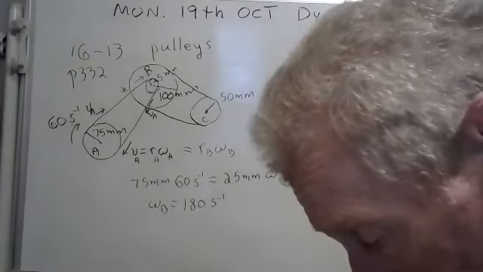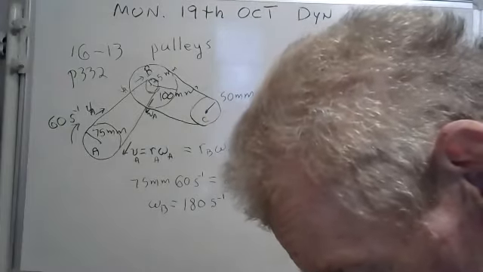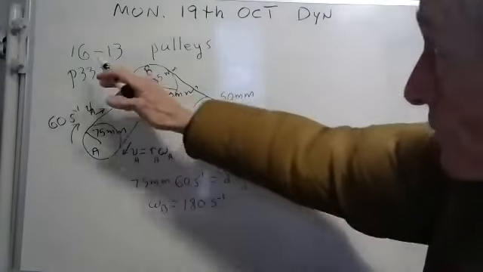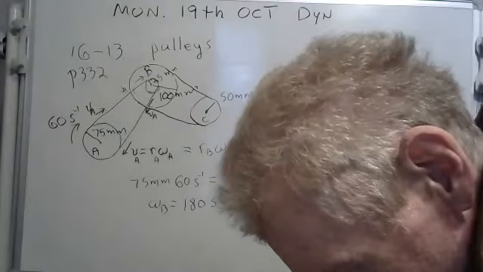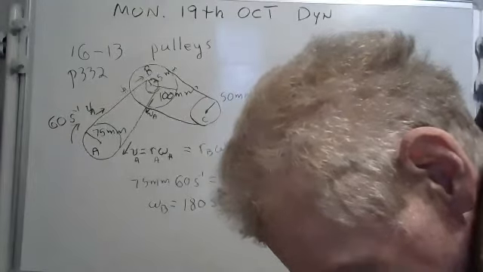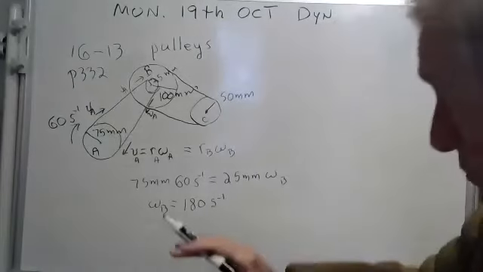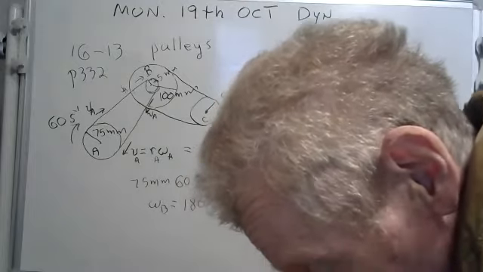And what they want to know for the answer is, what's the angular velocity of pulley C? Is that what they want? Let me read this. We're doing problem 1613. Yeah. Well, yeah. They want the angular velocity of B. Well, we got that. I did that. And then the angular velocity of the air conditioning pulley, C, we're going to have that.